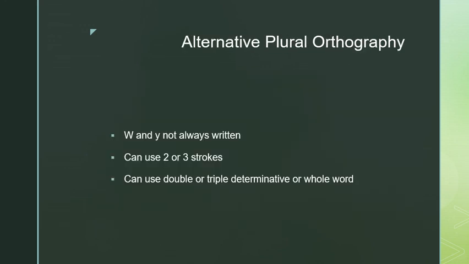Because as it turns out, the Egyptians came up with a much more efficient method of marking a plural than writing the W out or the Y out. Originally, back in Old Egyptian, and you can still see this occasionally in Middle Egyptian, but not that often, they would write out part of the word 2 or 3 times for the dual and the plural.